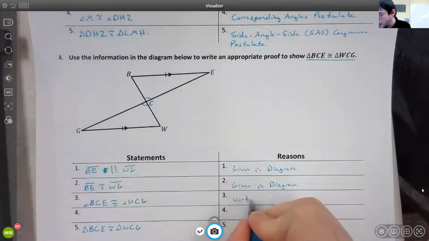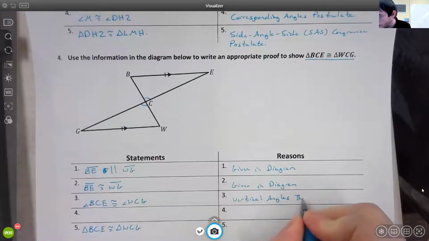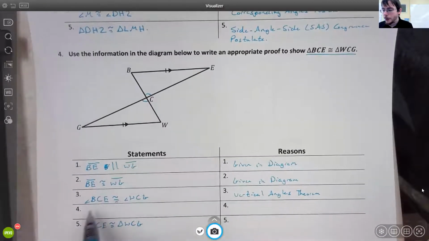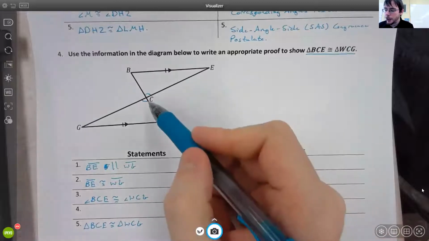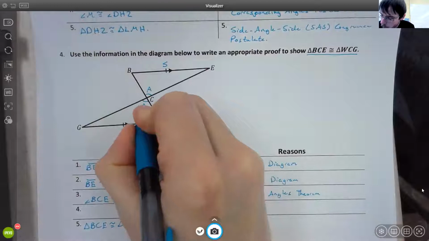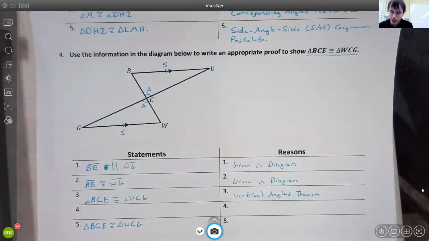And this is the vertical angles theorem. All right. Then we still need something else here. We have a side and one angle. Okay, we have one pair of sides, one pair of angles. So we need something else.